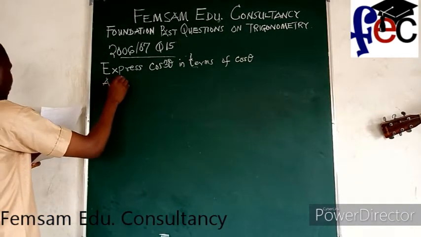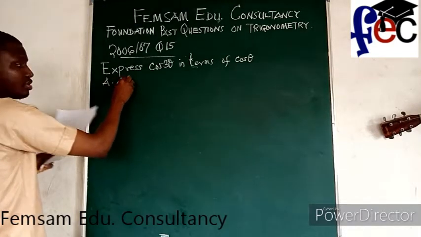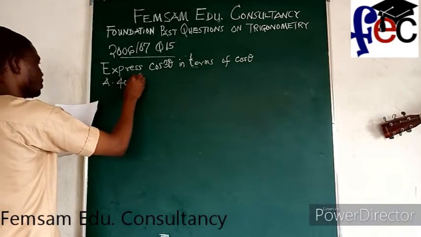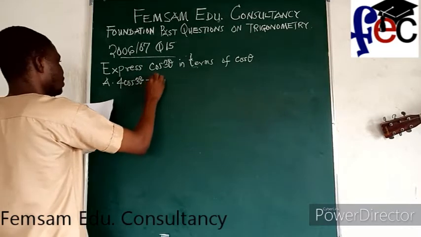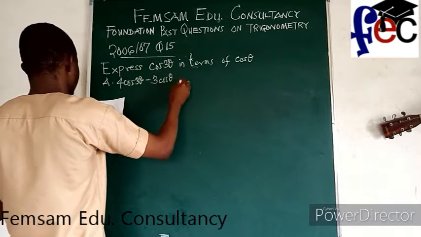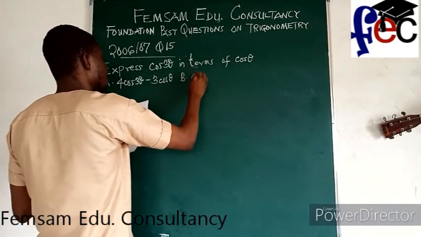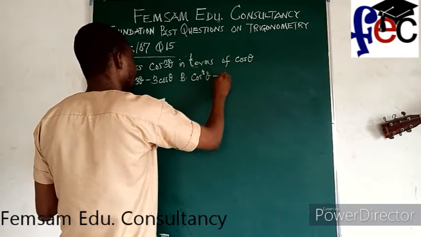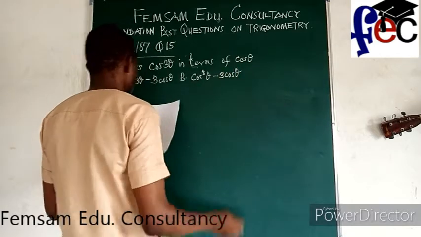Option A is 4 cos 3 theta minus 3 cos theta. Option B, that's cos cube theta minus 3 cos theta.